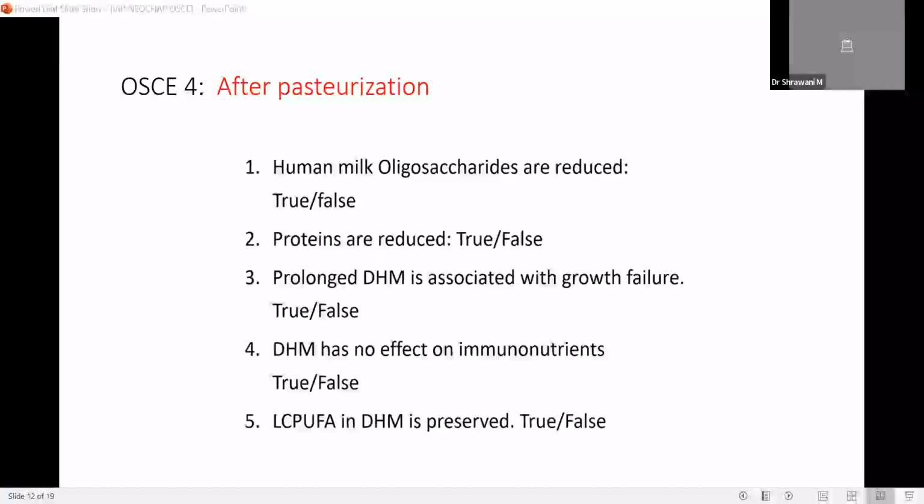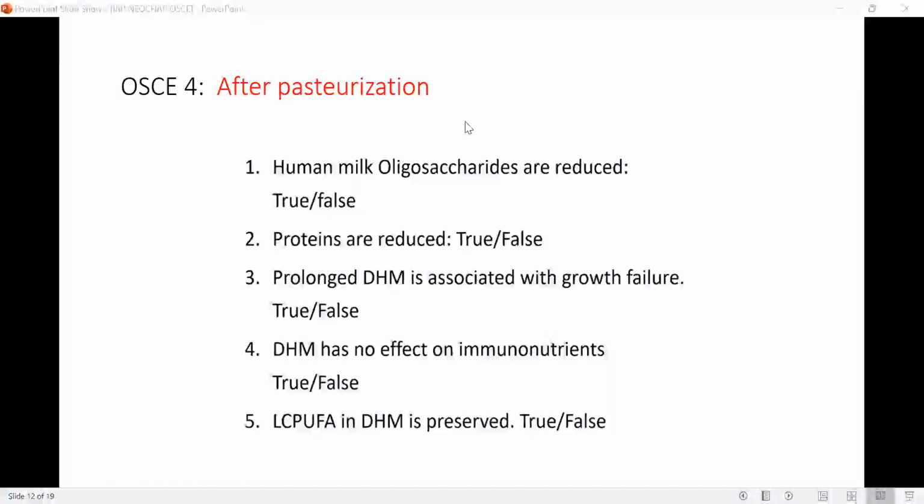Proteins, no. You can all write the number and the answer. Question number 2, true or false, you can mention in that way.